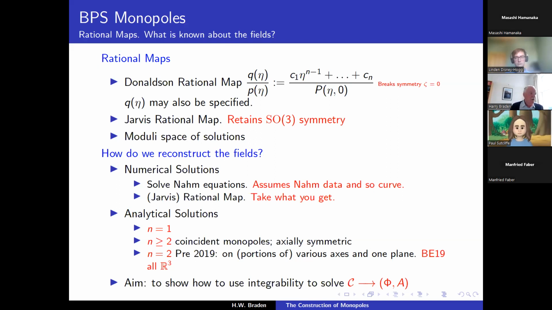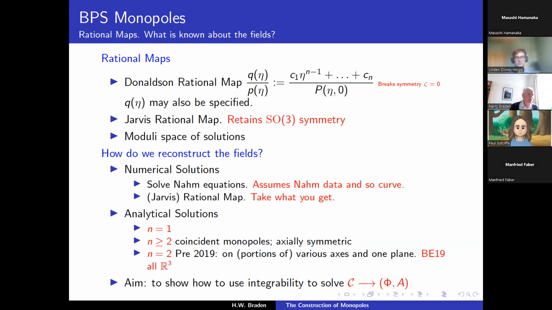Well, we can do that numerically. And Paul Sutcliffe, who's online, has developed many numerical techniques for reconstructing monopoles, both from Nahm data and rational map data. And you can get the pictures that he has, the analogous pictures to those that he showed us the other day.